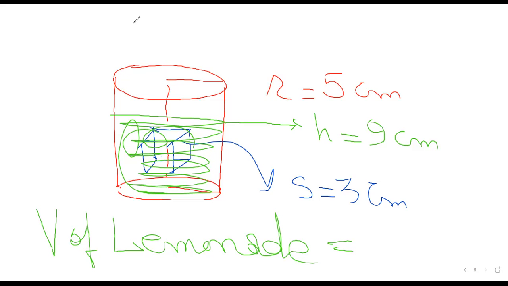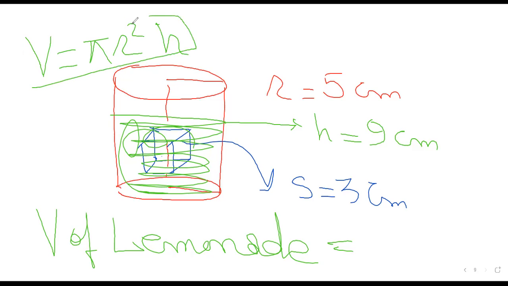The volume of a cylinder is V equal to pi r squared into H. If I write over here, V is equal to pi r squared into H, where H is the height of the cylinder.